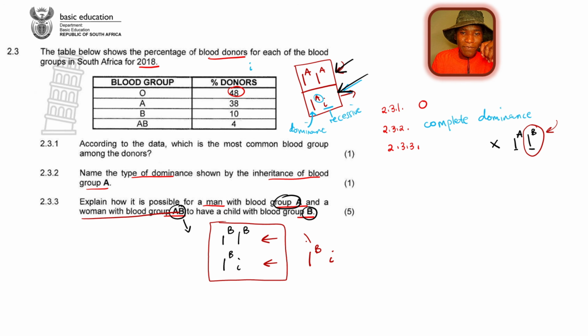So this one has been provided by the mother already, because the mother has got this I with a B. Okay, that will be able to make group B for the child. But the father has either to produce this small letter i, or he has to produce this I with a B as well. But the father is blood group A, so the father can never, these are the possibilities for the father. So the father can never be able to produce the I with a B on top.